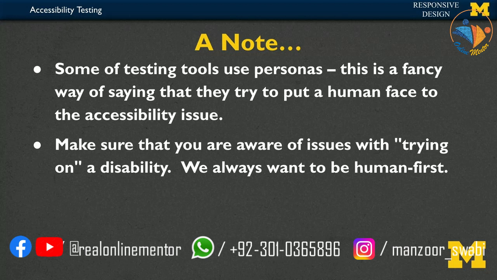Just make sure that when you are trying out accessibility checkers, there's this issue called trying on a disability. We always want to be human first. And remember that this isn't some sort of novelty. This is something that people really need to access your page. So again, accessibility is great, but the way we approach it is also important.